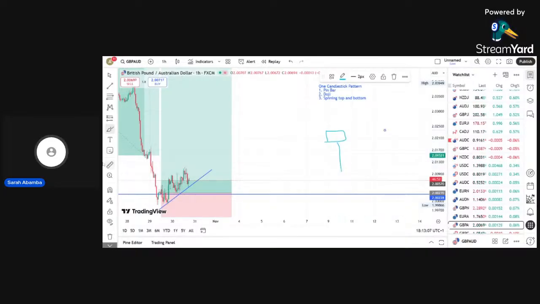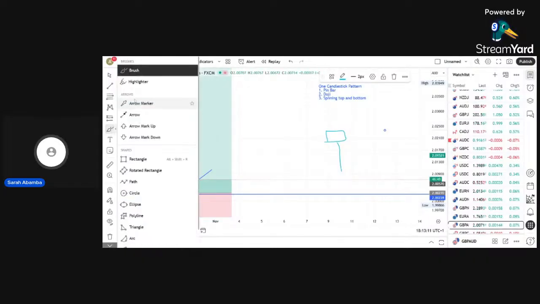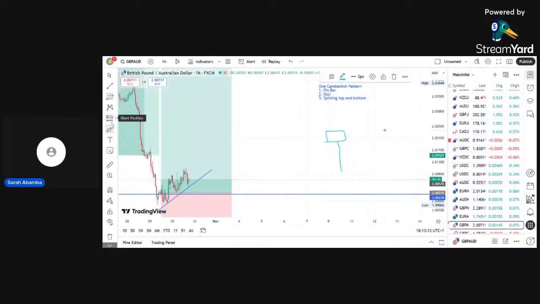So this is the pin bar. It has a very small body and a very long wick. Now I also stated that in forex it is always opposite, like we have bullish and bearish.